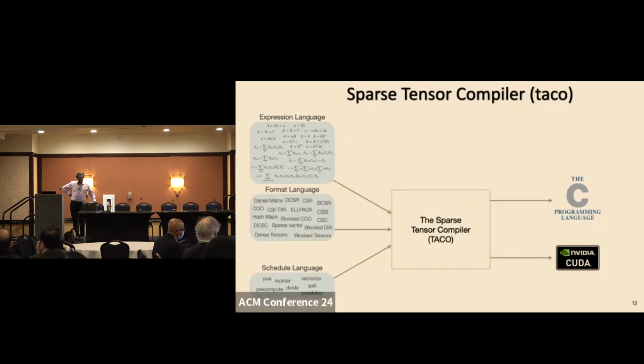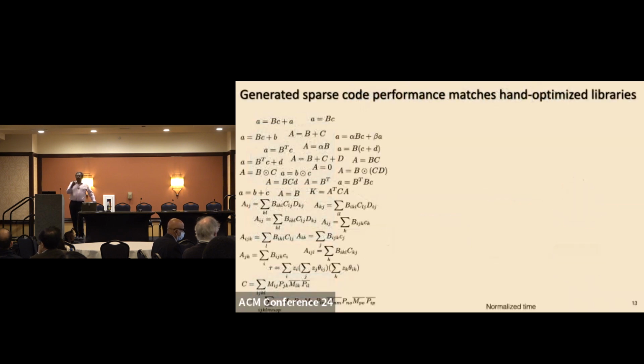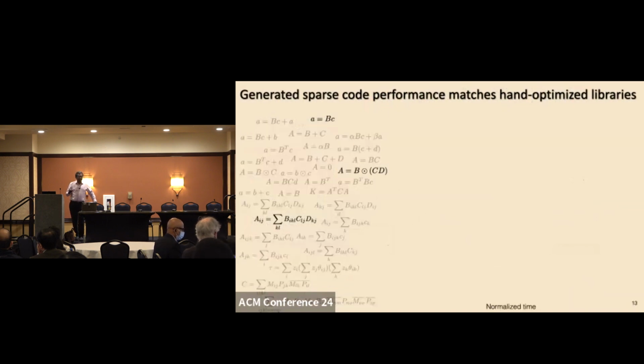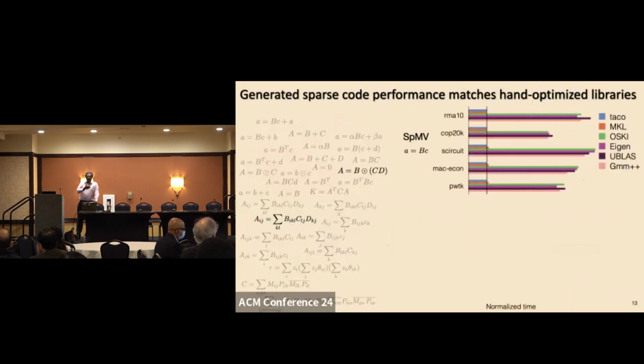So how does this work? We can generate code for all these things, but it's very hard to compare because most of them don't have really good implementations. But library writers have written good implementations for common kernels in here. So I will choose 3 common kernels. First, sparse matrix vector multiply; if you look at our performance, shorter is better.